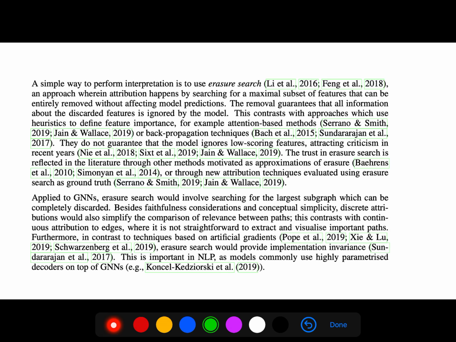So eraser search would involve searching for the largest subgraph, which can be completely discarded. Besides faithfulness considerations and conceptual simplicity, discrete attributions would also simplify the comparison and relevance between paths.